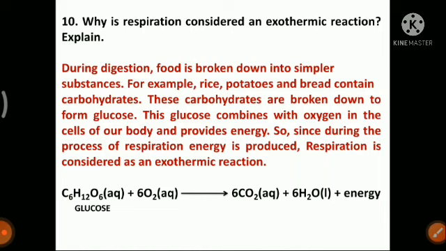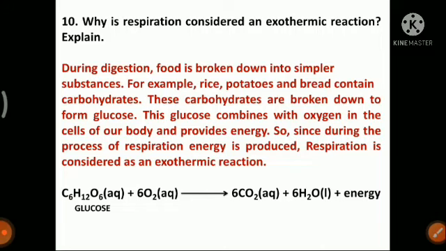When we breathe in, we take oxygen, and this oxygen will react with the glucose which is produced after digestion of food, and this reaction produces energy. If you want, you can look at the chemical equation that I have mentioned here: the glucose obtained after breaking down the carbohydrates present in the food reacts with the oxygen which we are inhaling, and then they form carbon dioxide, water, and most importantly energy.